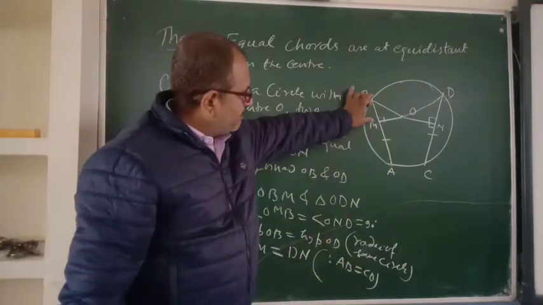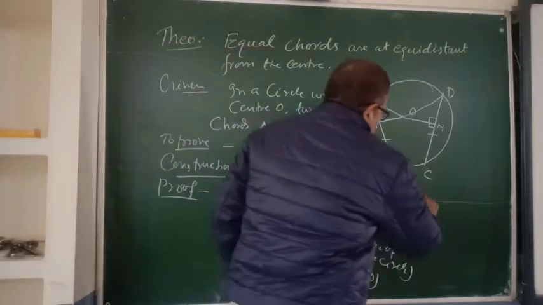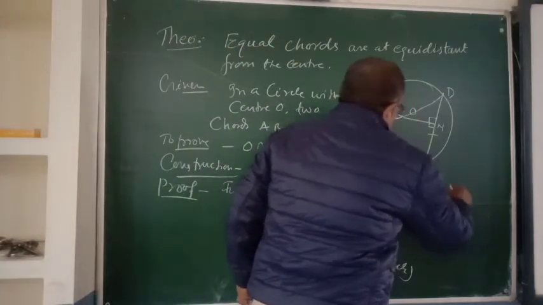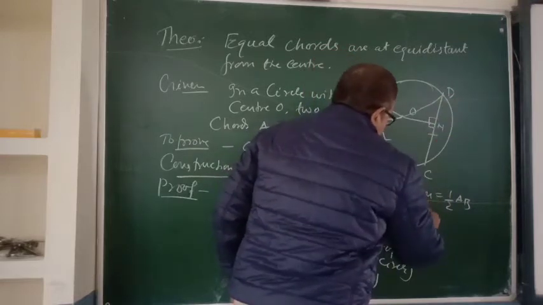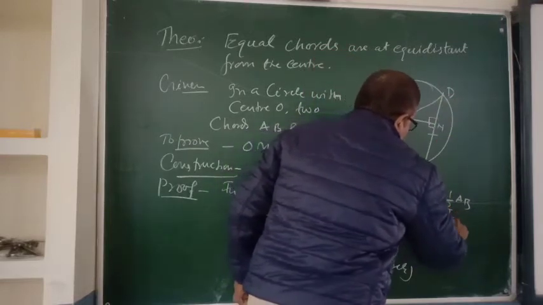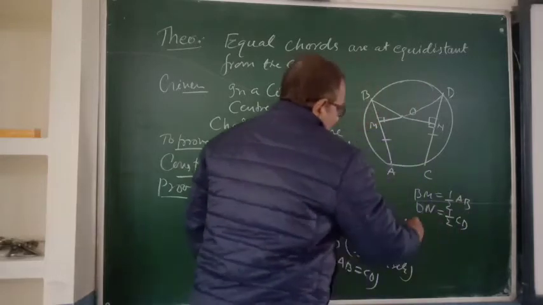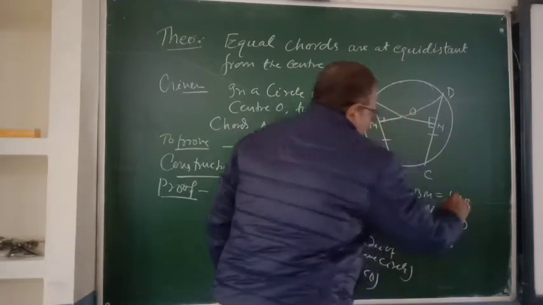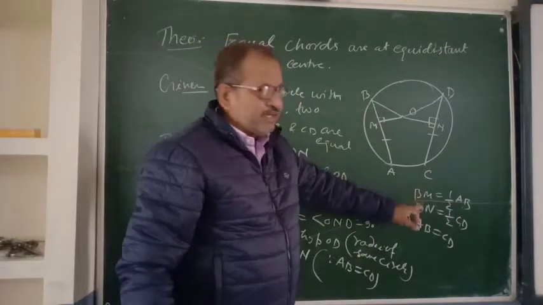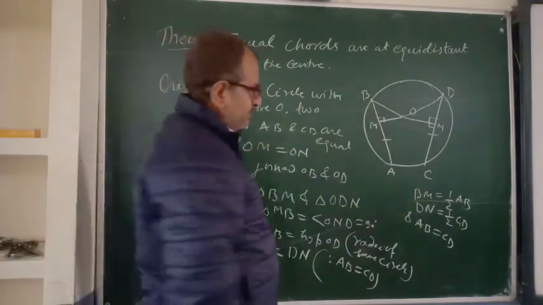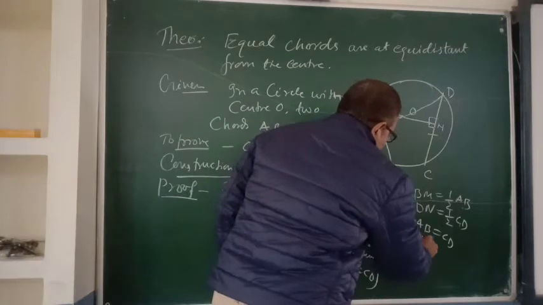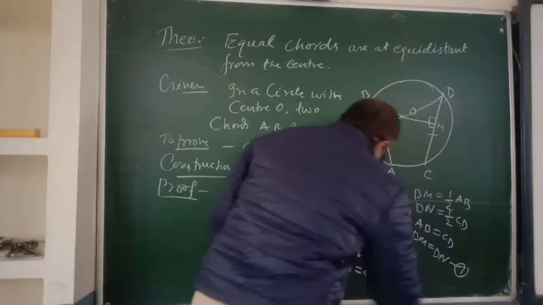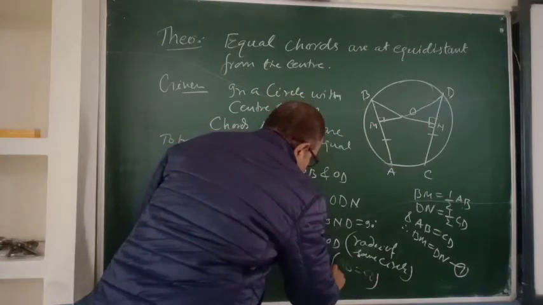So BM will be half of AB, and DN will be half of CD. And AB is equal to CD, it means BM and DN will be equal. So therefore, BM is equal to DN. Equation number 1. You can write here from question.